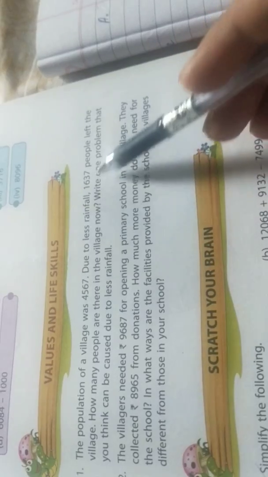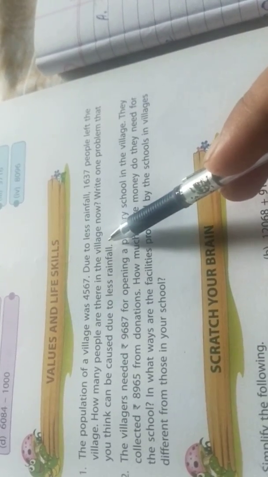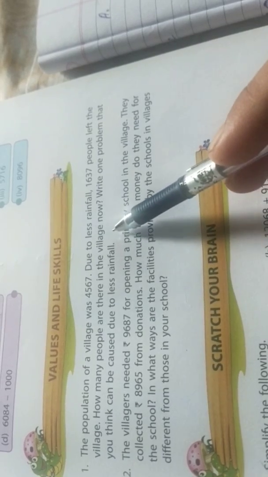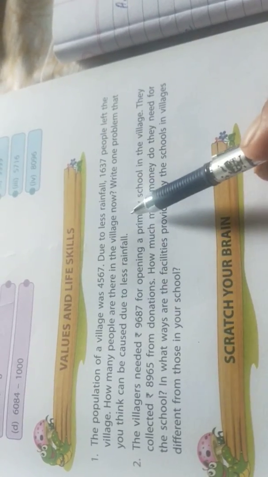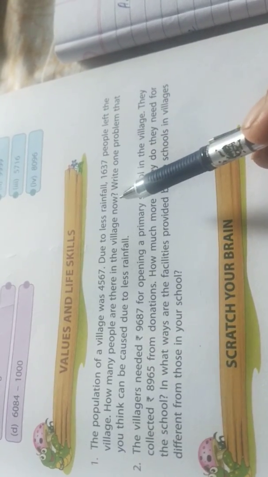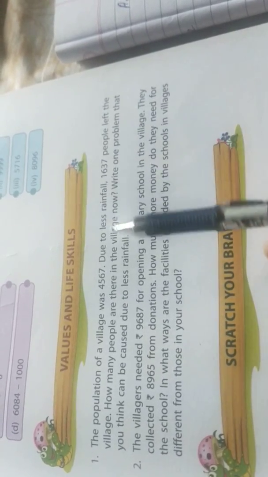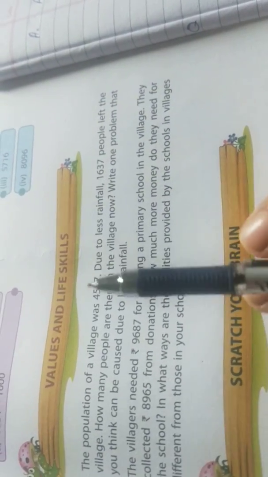One of the problems which may have been caused due to less rainfall is farming. Okay, you need timely, seasonal rainfall for farming. If you do not receive rainfall in time, farmers cannot grow their crops in proper time, or they cannot sell their crops at the correct month or correct timing.